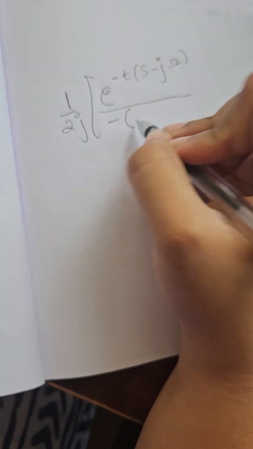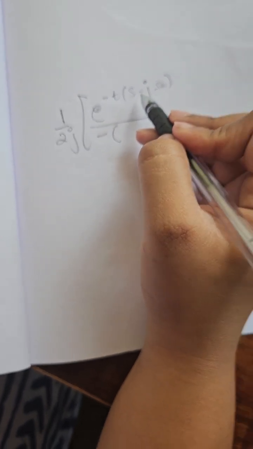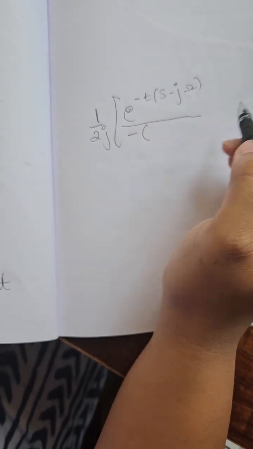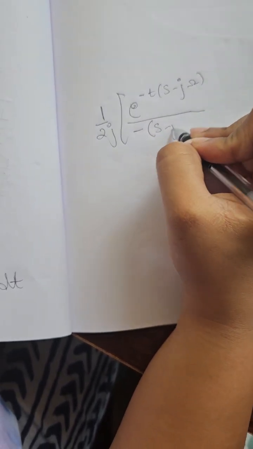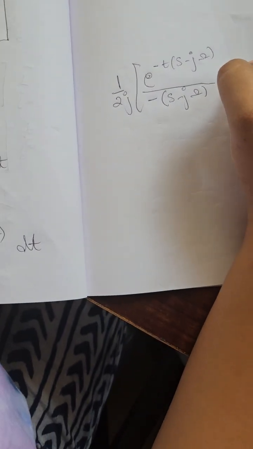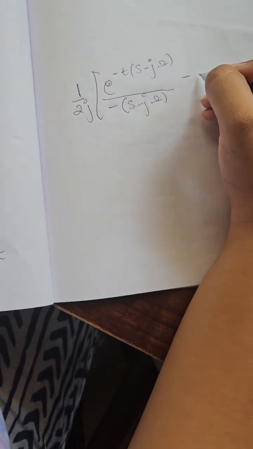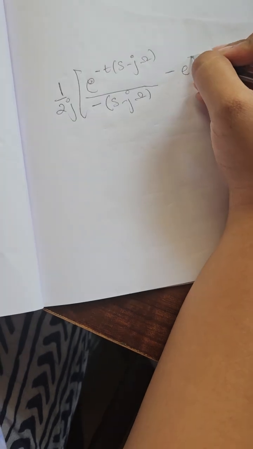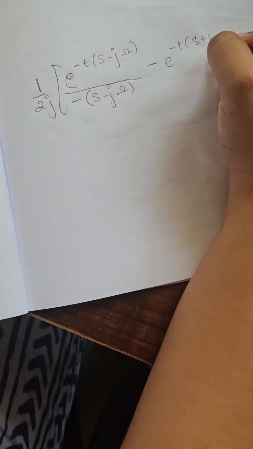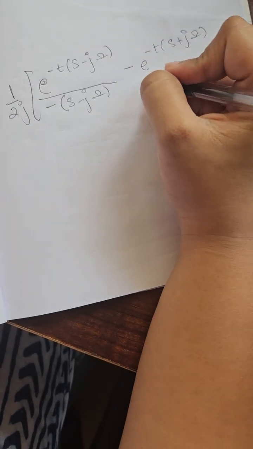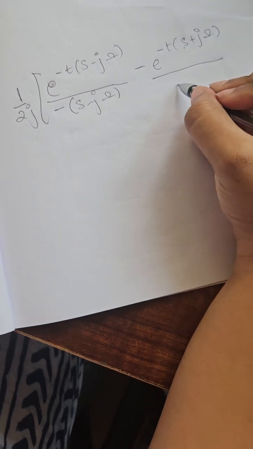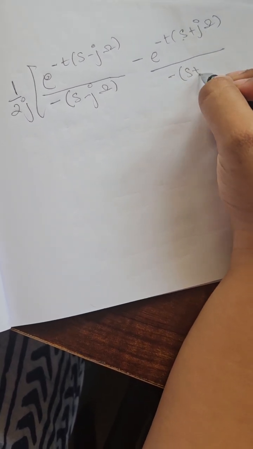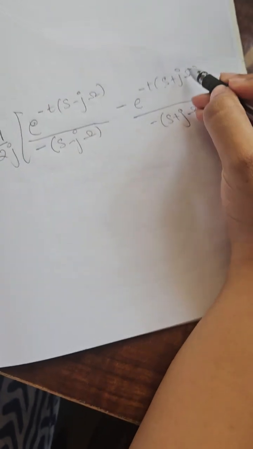So that's minus, because that minus is out, and whatever is not t will be put inside the bracket, s minus j omega. And just repeat the step for the other one, e raised to minus t, but this time it's s plus j omega, and divide it by the non-t version, which is s plus j omega, and put your limits, which is 0 to infinity.